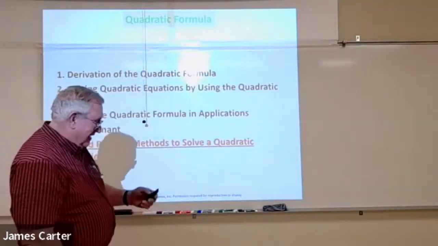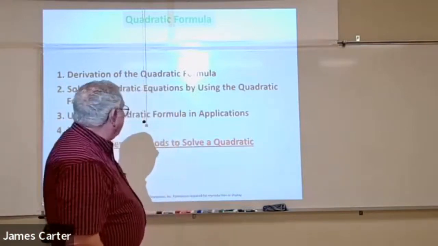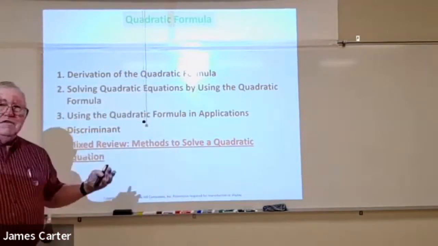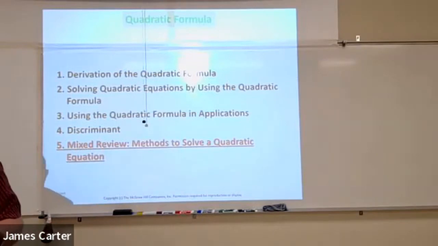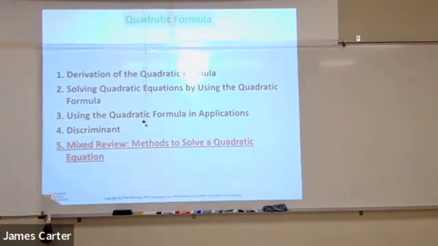Okay, well, we better get started. Now, we've covered a variety of skills and a variety of methods of solving quadratic equations. We talked about discriminants and how they can predict what kind of values you'll have.